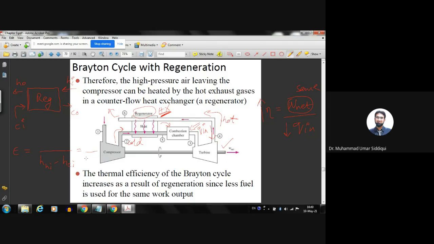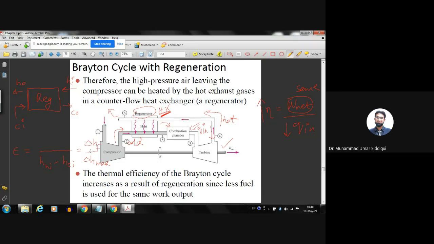This is delta H max. Then the numerator should be delta H of any one of the streams.